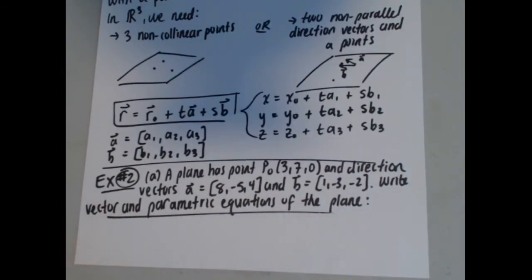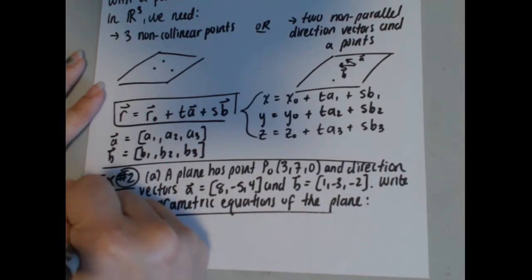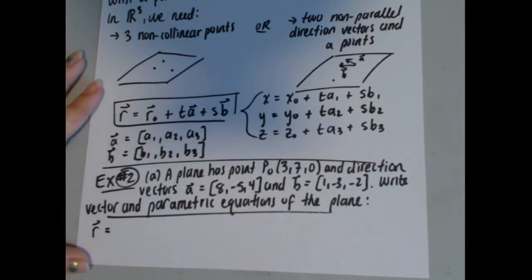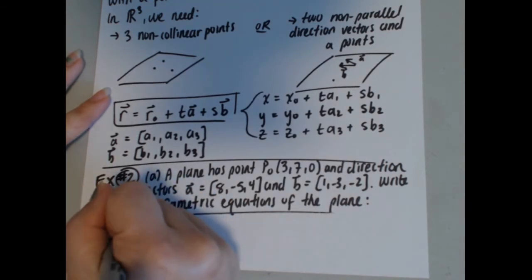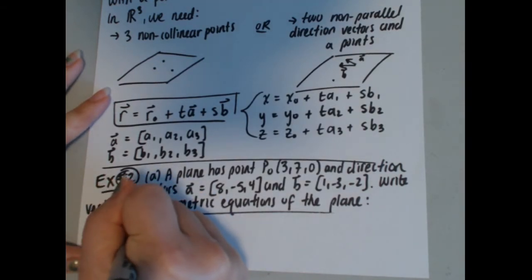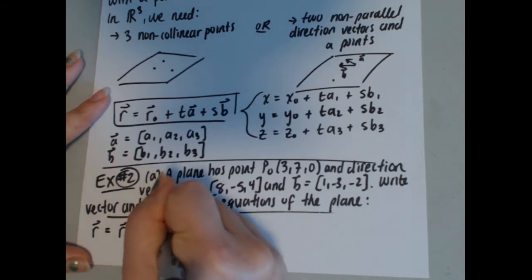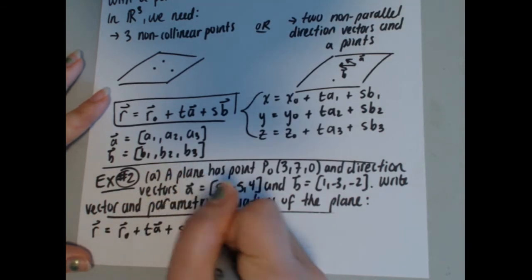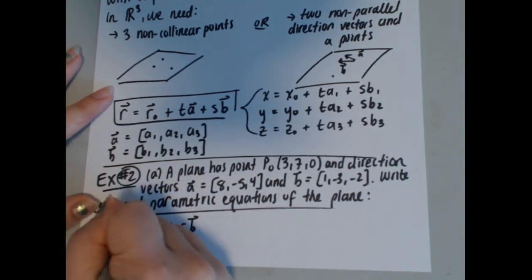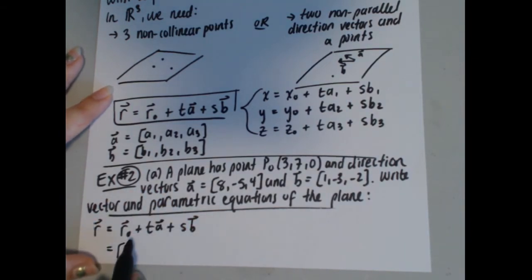Okay, so I want to write my general formula first. In general, the vector equation of a plane is r is equal to r0 plus t times vector A plus s times vector B. And that's it. So I just have to plug in r0, that's a position vector going from the origin to a point.